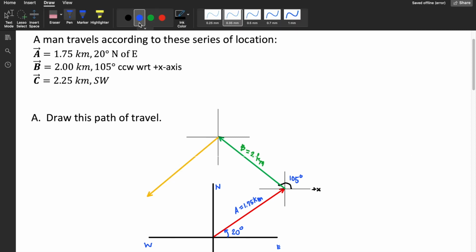When we say southwest, the angle is simply 45 halfway, so 90, 45, 45 either way around. We'll call this one the C vector having a magnitude of 2.25 kilometers. So that would be the drawing of his path of travel.